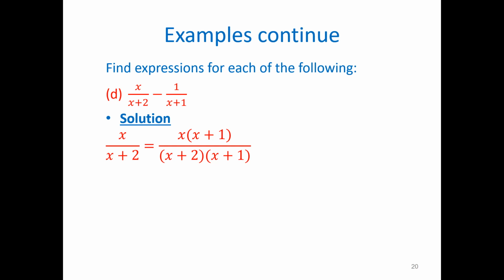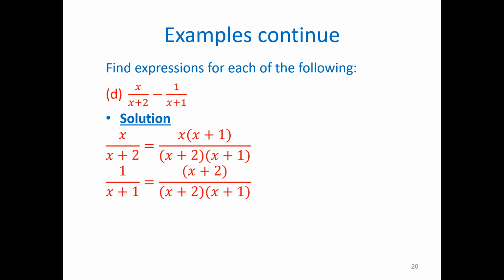How about the second fraction? The second fraction should be multiplied by the denominator of the first fraction and divided by the same term. That means we have to multiply by x plus 2. See, 1 multiplied by x plus 2 is x plus 2, and then x plus 1 multiplied by x plus 2.